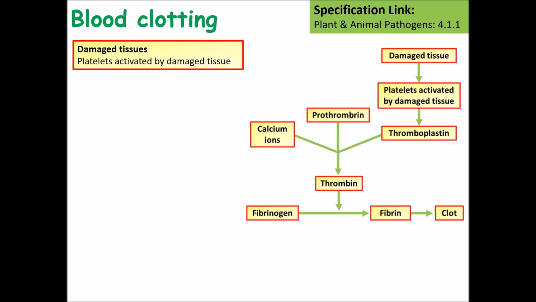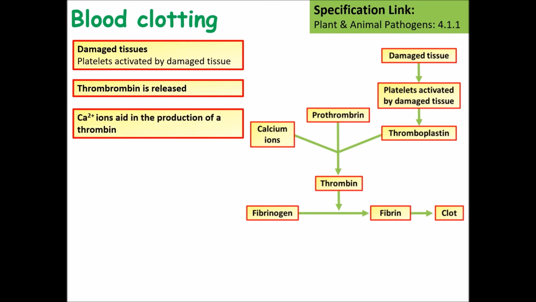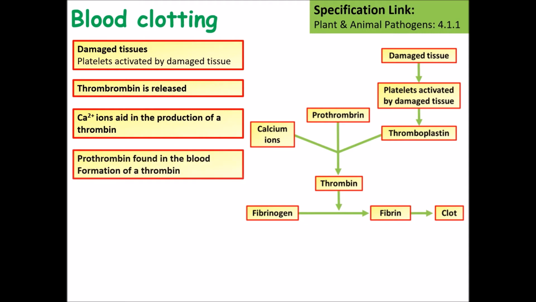So the physical process is that we start off with damaged tissue, so platelets are activated. Then thrombin is released. Calcium ions aid in the production of thrombin. Prothrombin, found in the blood, is activated.